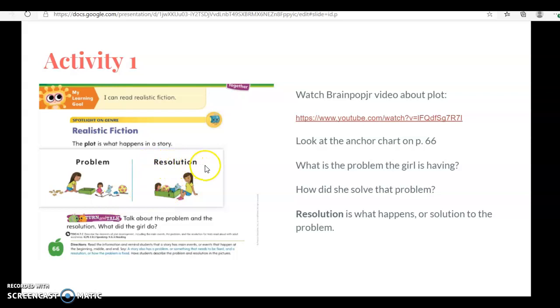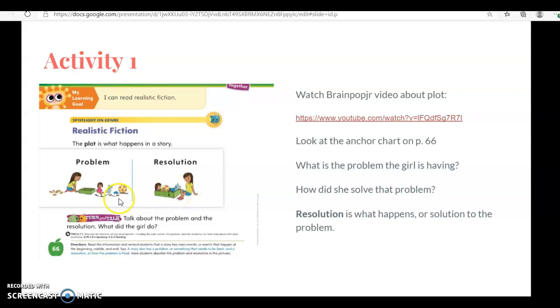Now look at the resolution. Look at what the girl decided to do to fix her problem. Think about what she did. What was her resolution to fix her problem? That's right, she decided to clean up the toys by putting them in the empty box.